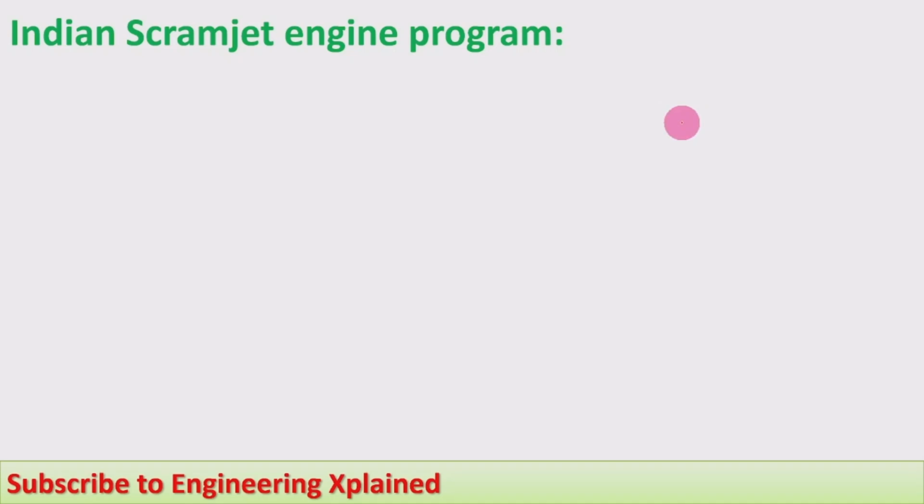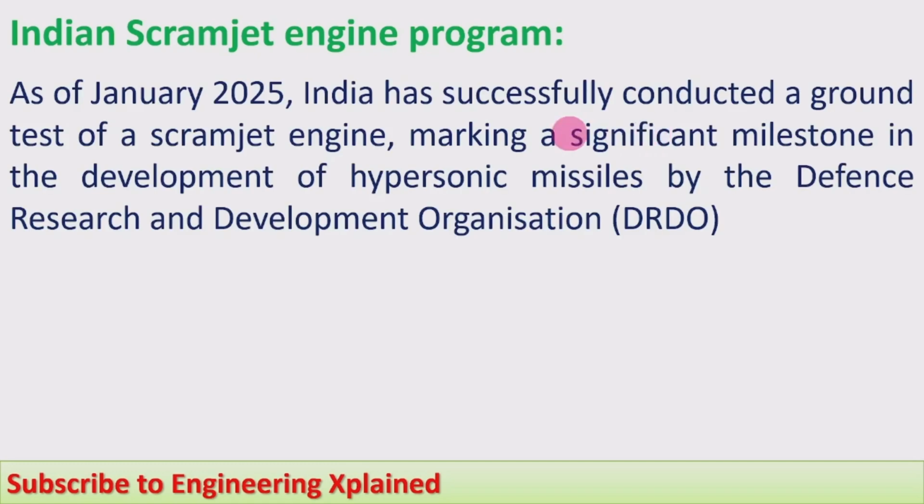Indian Scramjet engine program. As we know, four countries in the world have developed this technology. India is the fourth country, and we'll see how the scramjet program is going in India.